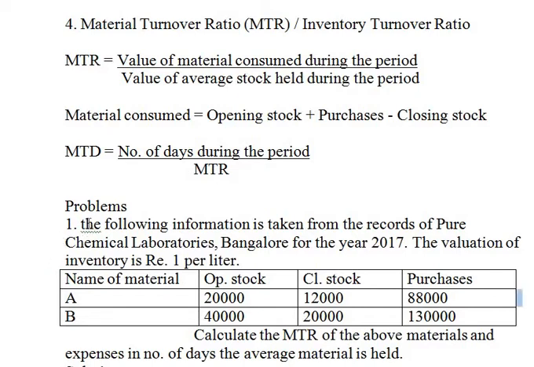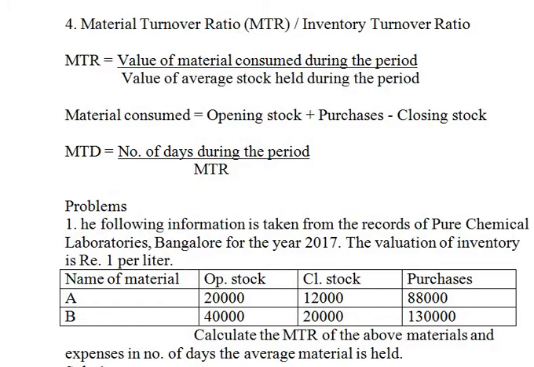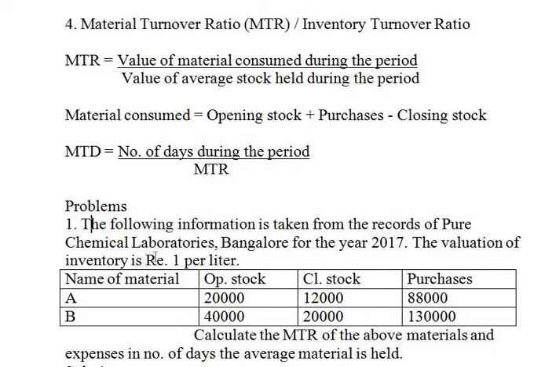Now we will see one problem on this. The following information is taken from the records of Pure Chemical Laboratories, Bangalore for the year 2017. The value of inventory is rupee 1 per liter. Here they have given a chart: name of the material, opening stock, closing stock, and purchases.